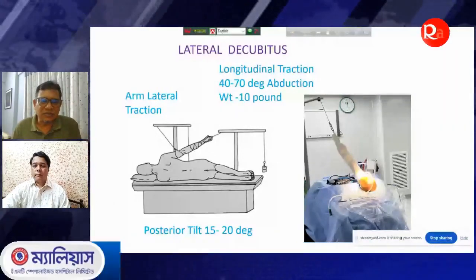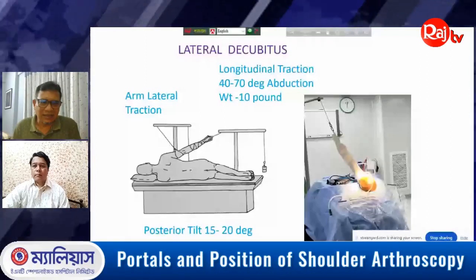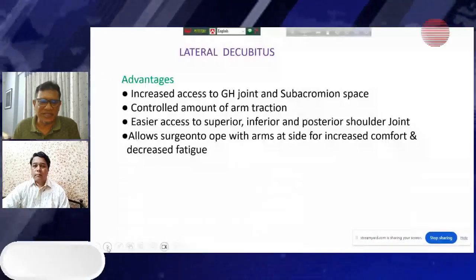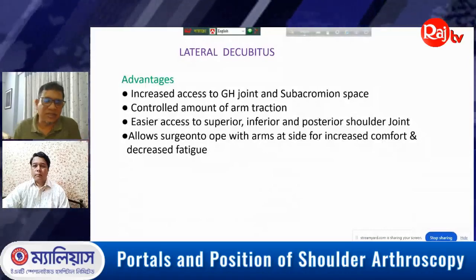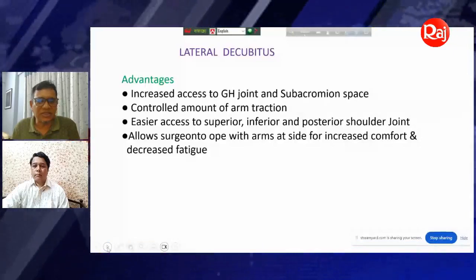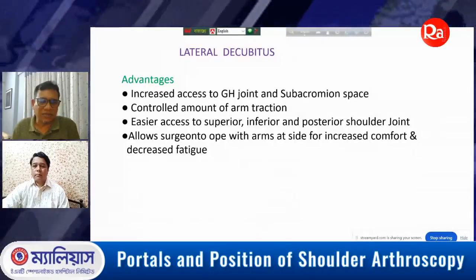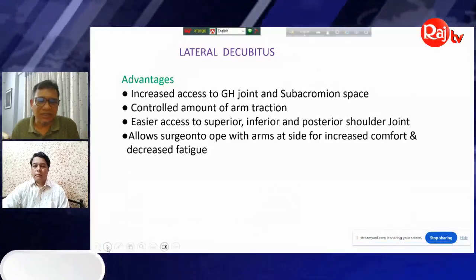The lateral decubitus position has some advantages, like increased access to the glenohumeral joint and subacromial space, and control of the amount of arm traction. That means some patients need 10 pounds or 4 kg, some patients need 3 kg, depending on the bulk or BMI of the patient and the health of the patient.